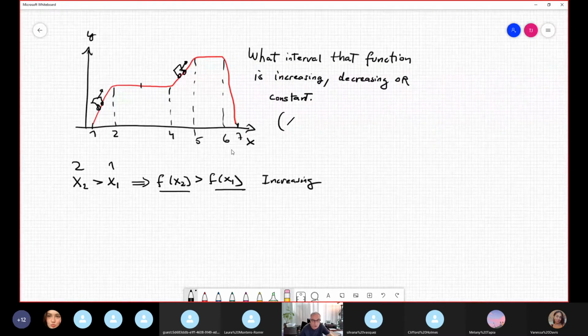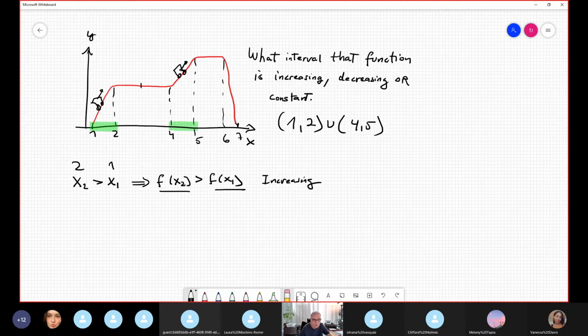From 1 to 2, that one, and from 4 to 5, so union 4 to 5. Never include the endpoint, because the endpoint normally is the transition. That is, the point where the behavior changes, from increasing to not increasing or another thing.